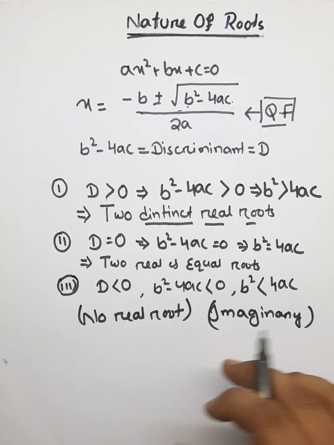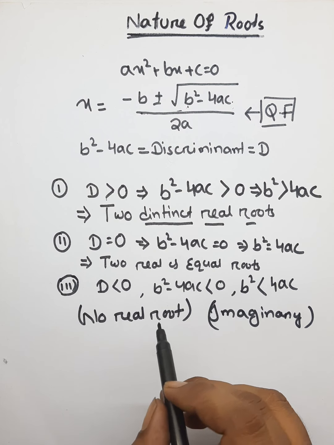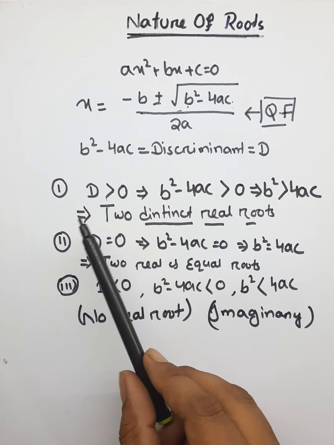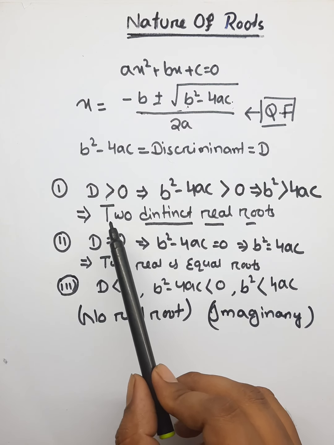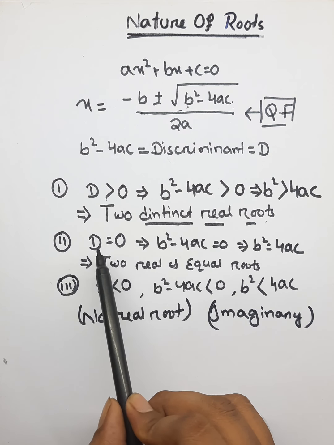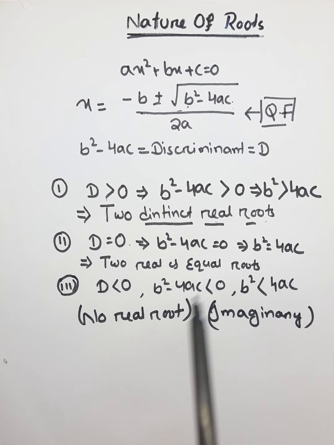So we have discussed the nature of the roots. If D is greater than 0, we get two distinct real roots. If D is equal to 0, we get two real and equal roots.